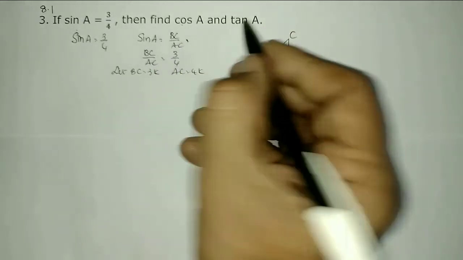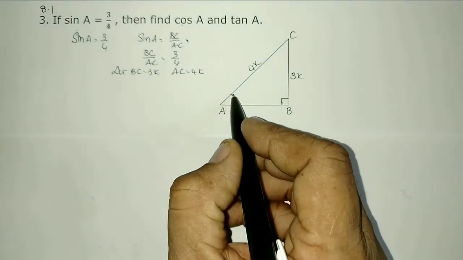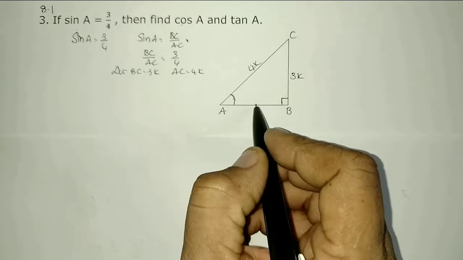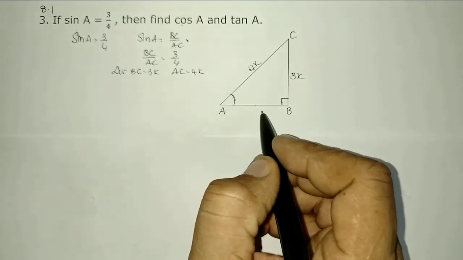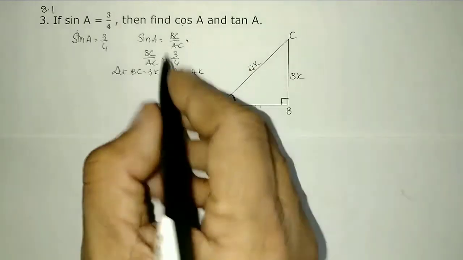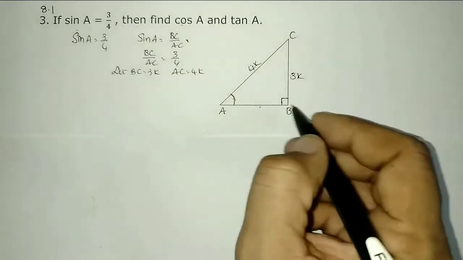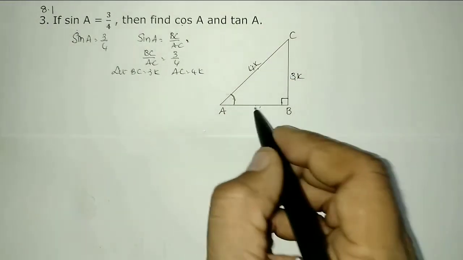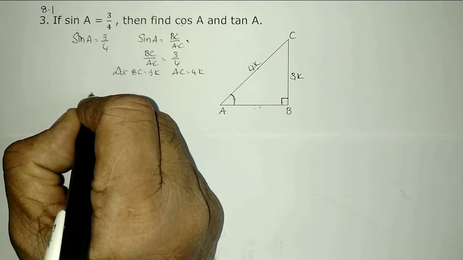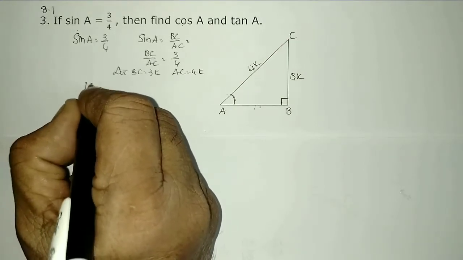You have to find cos A and tan A. Cos A means adjacent side of angle A by hypotenuse. That is, you have to find AB. To find AB, we use Pythagoras theorem. As we know AC and BC, you can find AB directly. Angle B equal to 90.